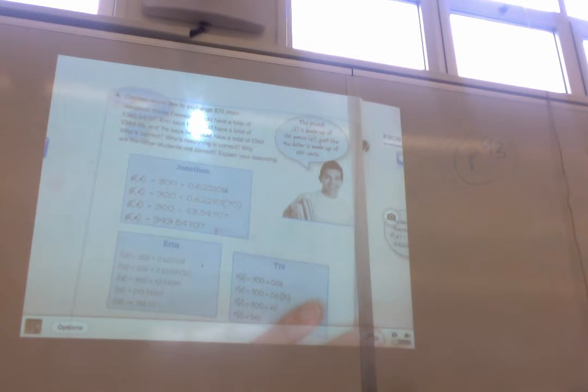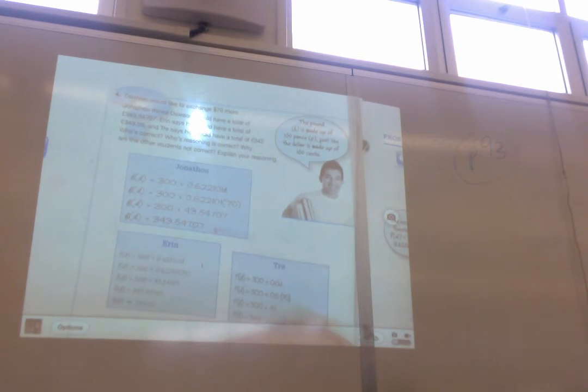Jonathan thinks Dawson should have a total of 340.547 pounds. Aaron says he should have a total of 343.5 pounds. And Trey says he should have a total of 342 pounds. Who's correct? Show reasoning. Why are the other students not correct? Explain your reasoning.